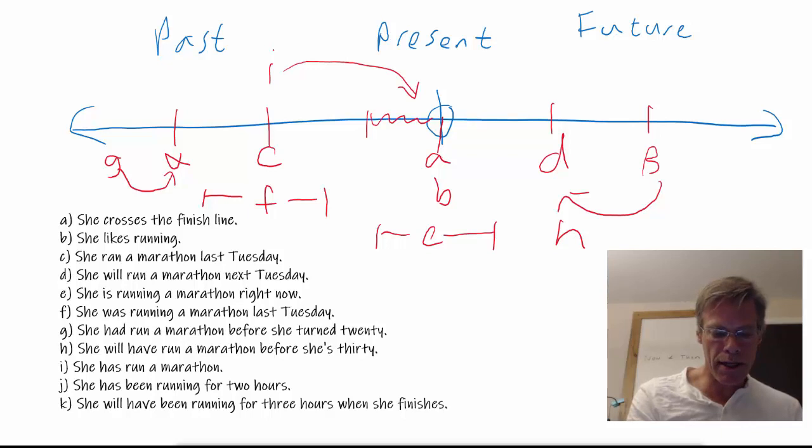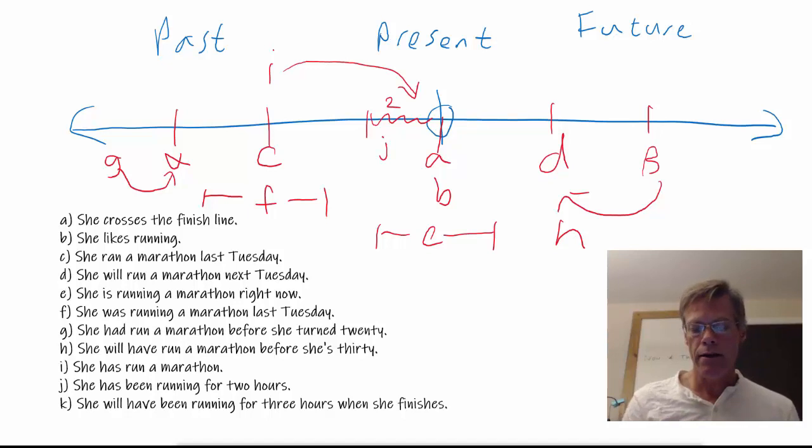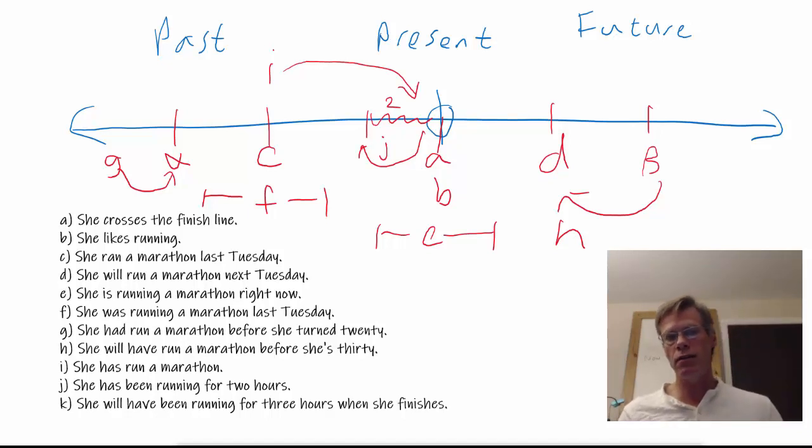And now what we're saying is that span of time is 2 hours, and J is an act of running that extends over that time. So it's basically beginning anterior to the now she started running, and it's extending up to this moment. So it's both duration and anteriority to this moment.